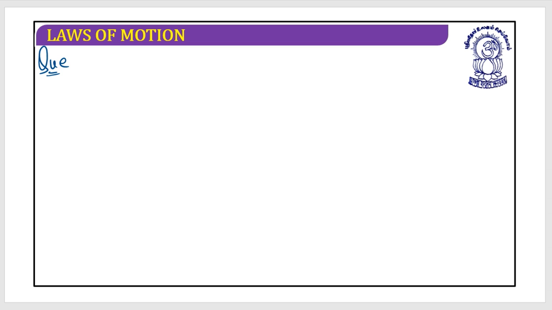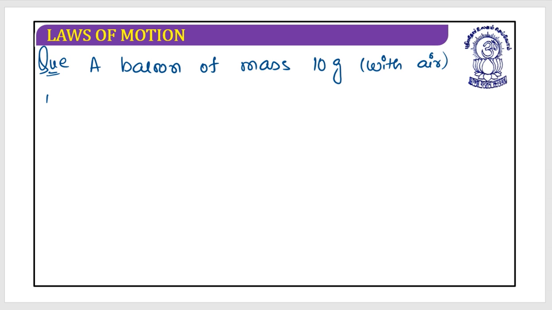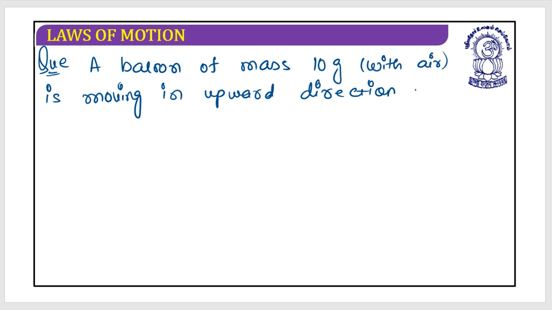Let's suppose a balloon of mass 10 gram, this is with air, is moving in upward direction with a speed of 20 meter per second.